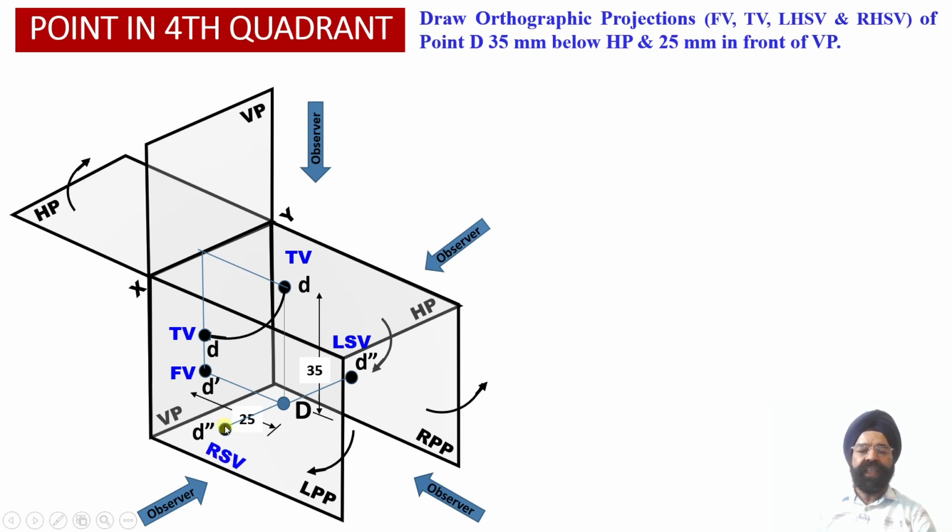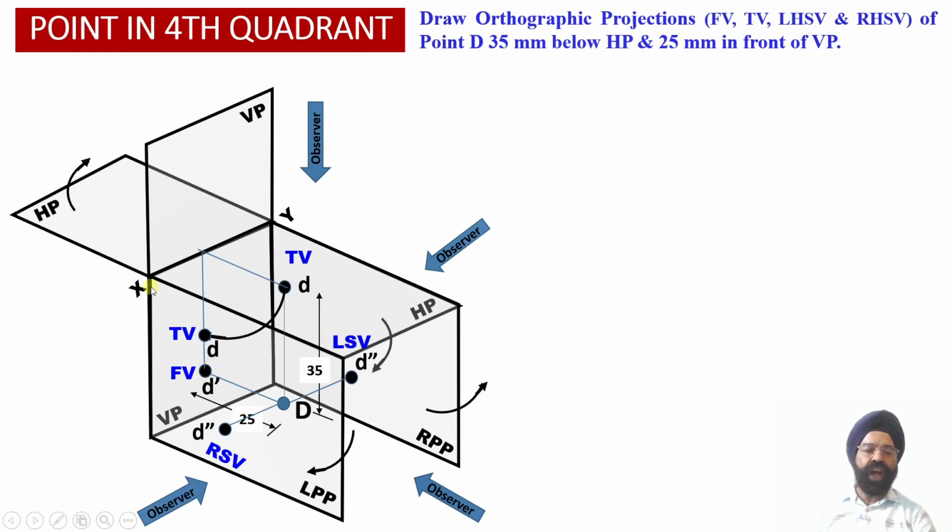And once again, this right hand side view projection of the point D, that is point D double dash, obtained onto the left profile plane, is available at a mutually perpendicular location compared with the top view and the front view projections.